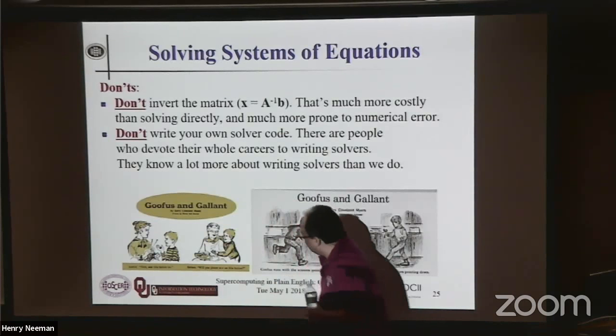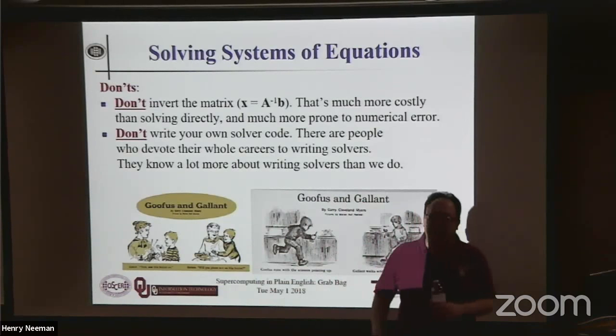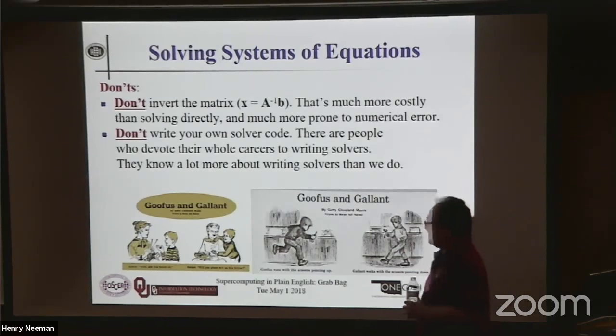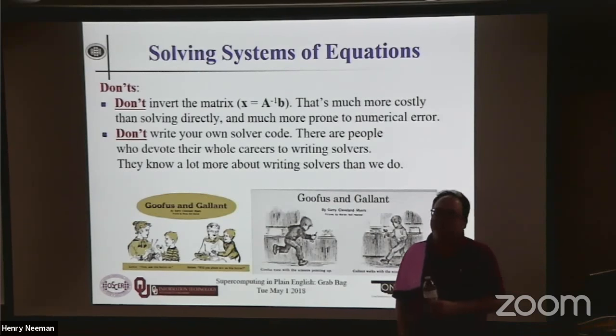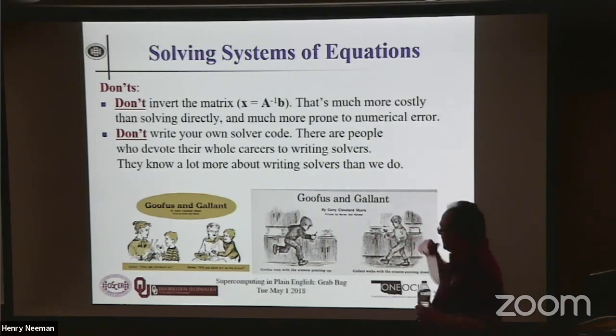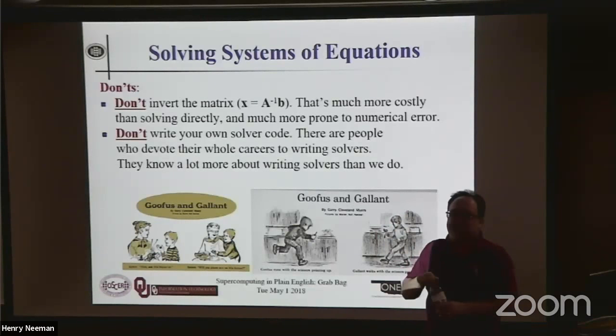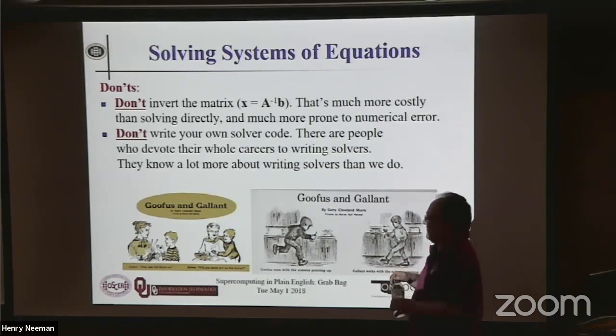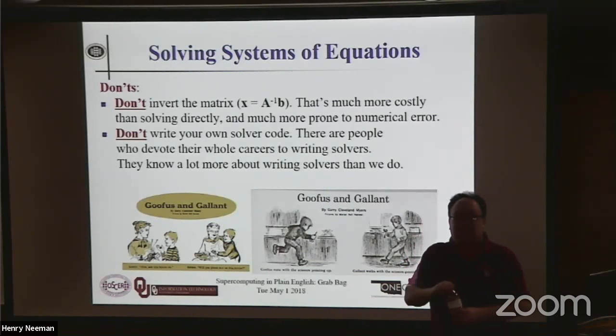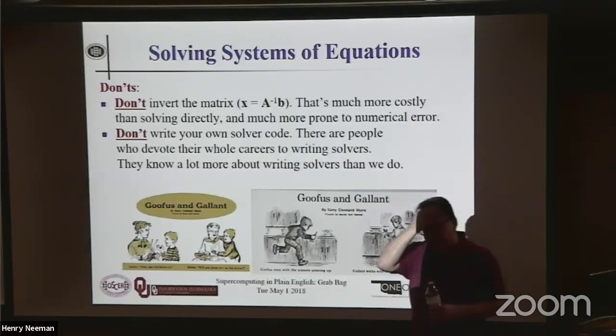And Gallant says, will you please sew on this button, right? He's so sweet and nice and polite and thoughtful, and you just want to slug him. And what I don't show you in these slides, but I actually found on the web, was there's one where GOOFUS actually tells one of his siblings that he hates them. It's just really mean. GOOFUS is just awful, but he's really entertaining.